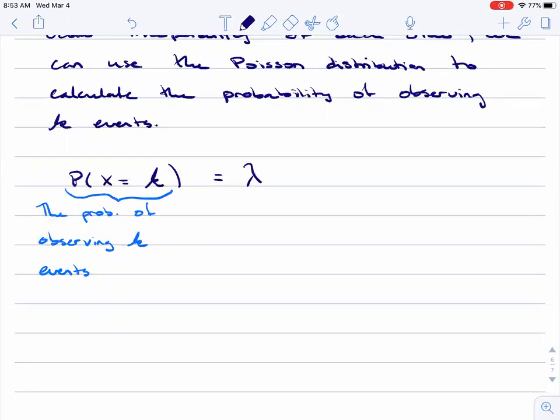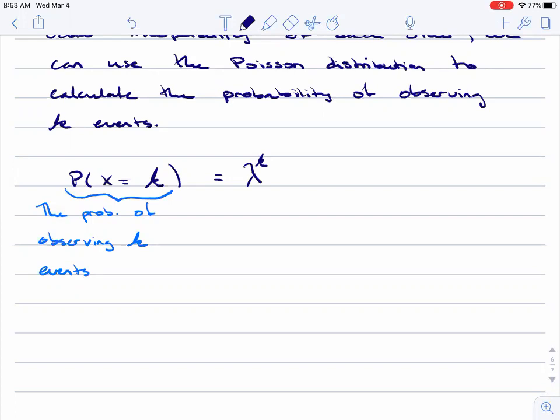So you want lambda, which, spoiler alert, is just the mean or the rate. So we just use lambda for the mean or the rate, whichever you want to call it, or the mean rate if you prefer. So we've got lambda to the power of k. We're trying to observe k events.